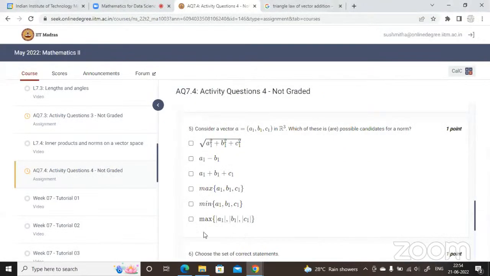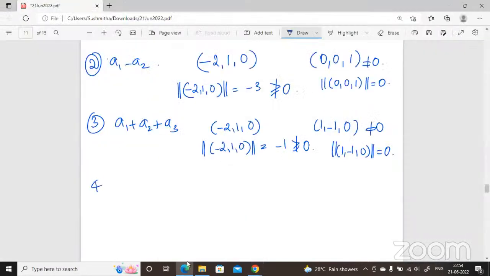Then max, I'm not going to tell, you're going to tell for this. Even ma'am, this also does not satisfy. Which is not satisfied? This one, because the first one itself is greater than 0, it cannot be. Let us say A1 I take minus 1, and 0 and minus 2. Okay.